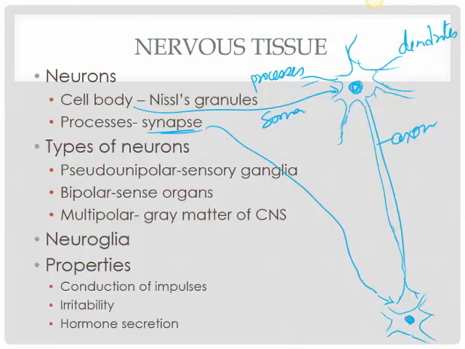There are different types of synapses, but where neurotransmitters are involved, that's called a chemical synapse.